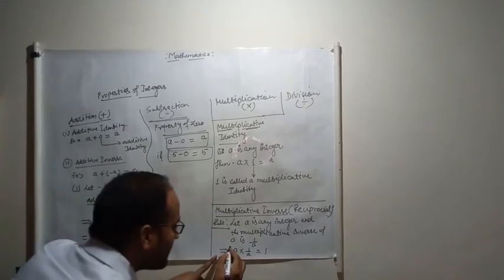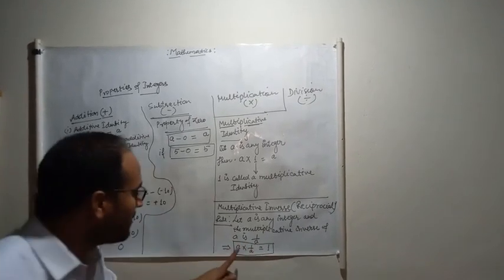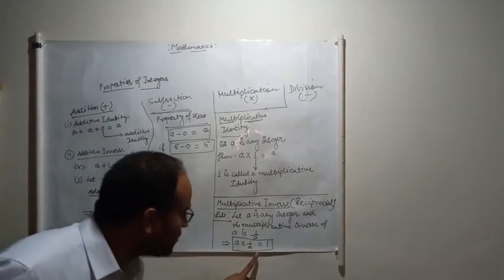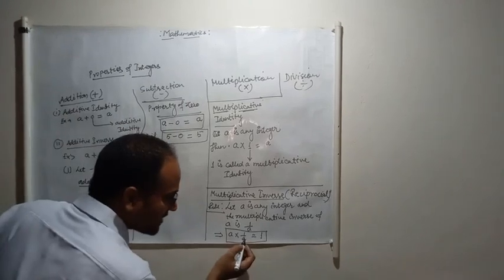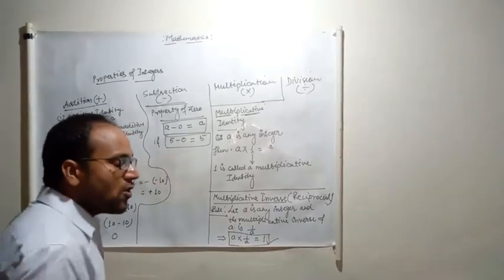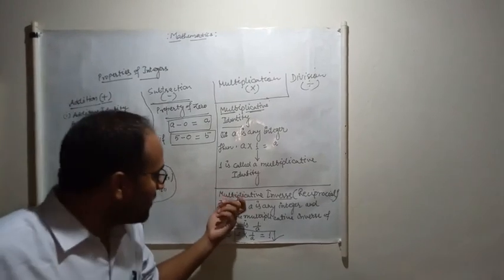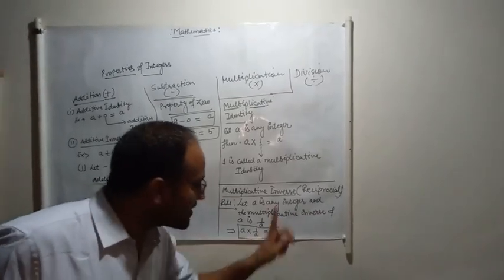That is the property. Because A is in the numerator and the other is in the denominator, it easily cancels out, and you get 1 as a result. So always remember, students, if you multiply an integer and its multiplicative inverse, you always get 1.